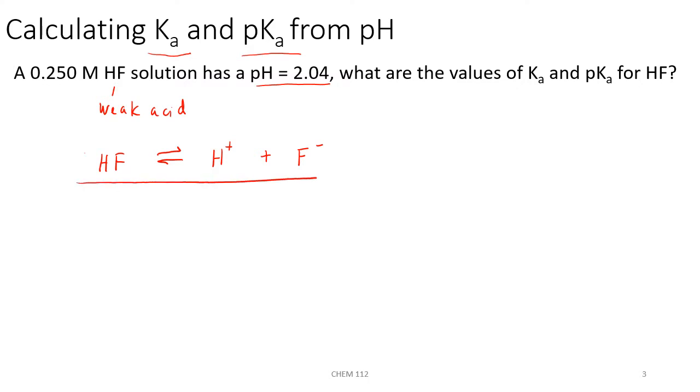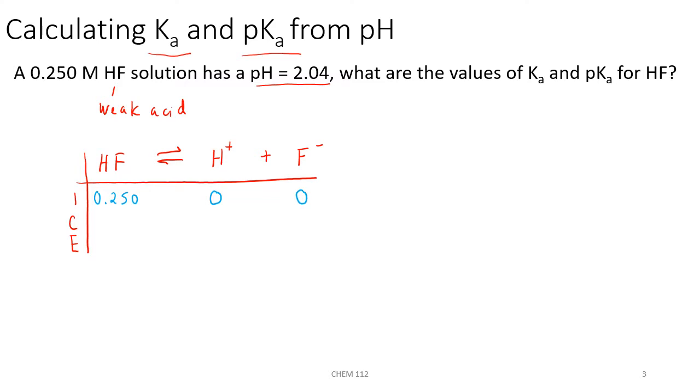And anytime we're dealing with an equilibrium situation, we would want to write an ICE table. Our initial concentration of the hydrofluoric acid would be the concentration we were given, which is 0.250 molar. And initially we would assume that we have 0 hydrogen ion formed and 0 fluoride anion formed.